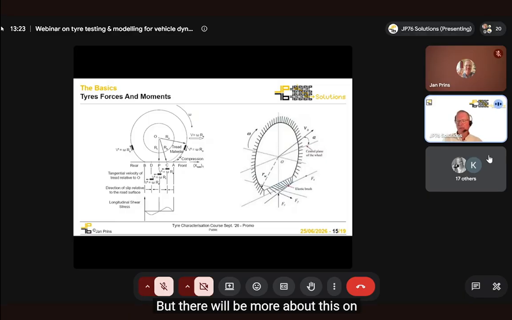There will be more about this on the training course, about how the forces in the contact patch are distributed, how they build up, where they slip, and when. Also very important to factor in is the effective radius and other radius definitions that we will go into on the course as well.